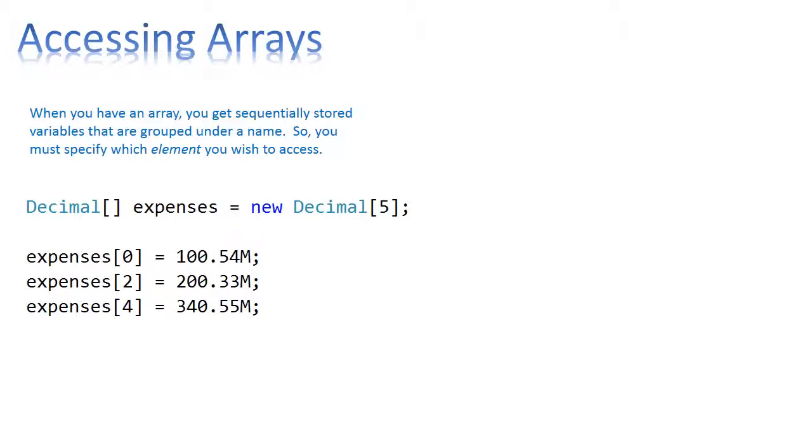When we have an array, we get sequentially stored variables that are grouped under a name. So let's see how we can refer to individual elements. Here we've shown the creation of a 5-element array, expenses. And then we've added a couple more statements which assign individual values to expenses element 0, expenses element 2, and finally the last element of expenses, which has index number 4.